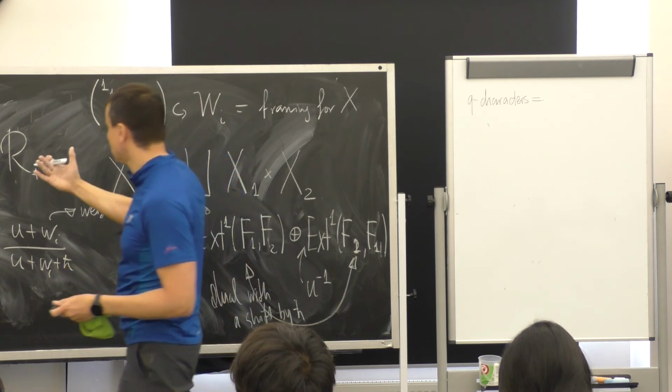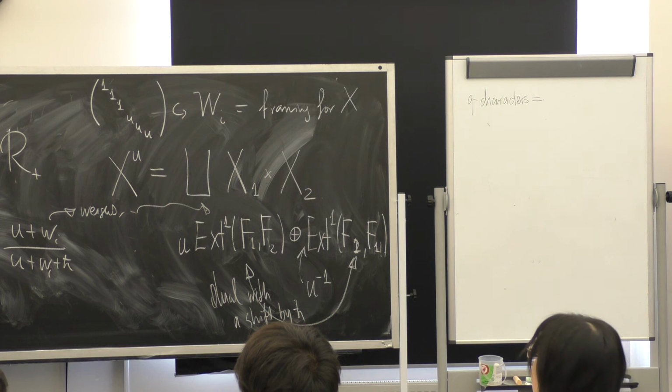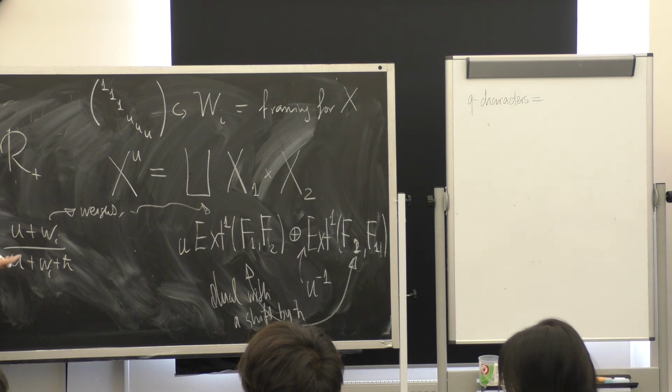And now geometrically, you identify how this is going to act, and you can read off that Q character from just, if you actually look in your Nakajima Quiver variety, you can read off that Q character. It's going to be given to you visibly by that.